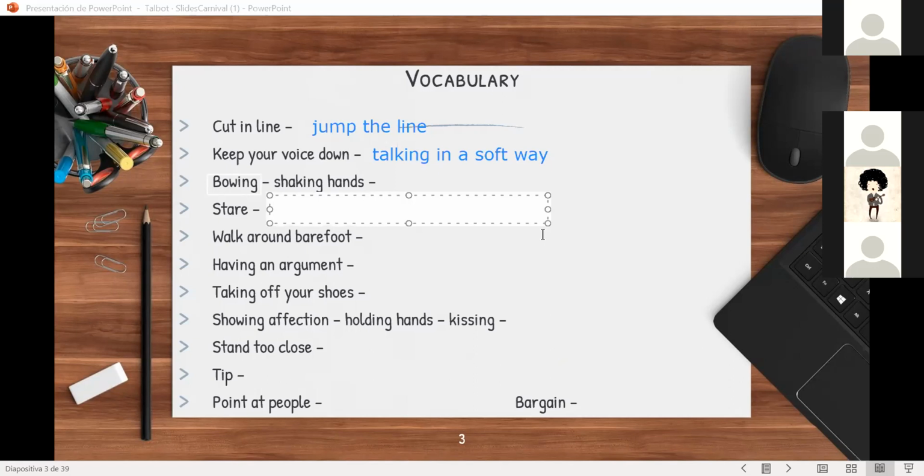So do you know the meaning of stare? What does stare mean? Mirar fijamente. Yes, that's it.